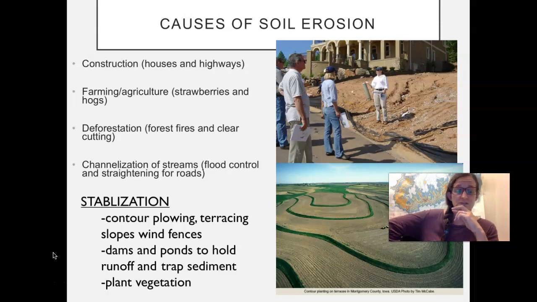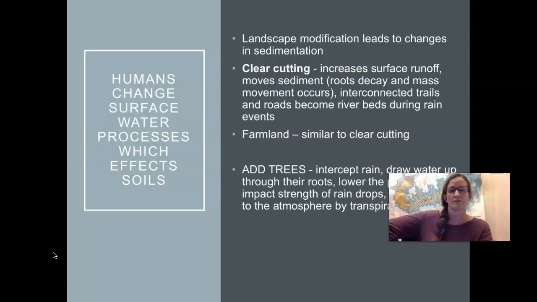Wind fences, putting up a literal fence or even a row of trees to stop the wind-blown erosion. Dams and ponds to hold sediment and hold runoff and trap sediment. This happens a lot out west. They'll have a catchment pond for heavy rains, and then they'll let some of the soil settle out. And then also just always planting vegetation just to halt the movement of the topsoil.